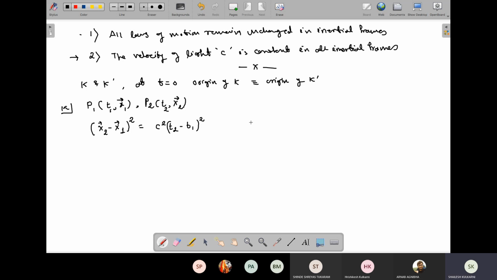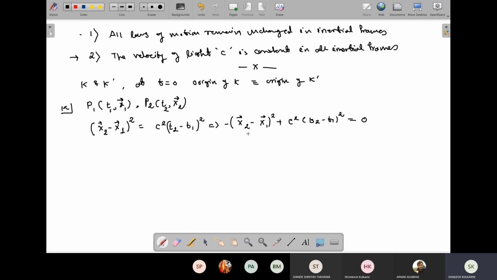So this implies x2 minus x1 whole square, minus, c square t2 minus t1 whole square, is equal to 0.